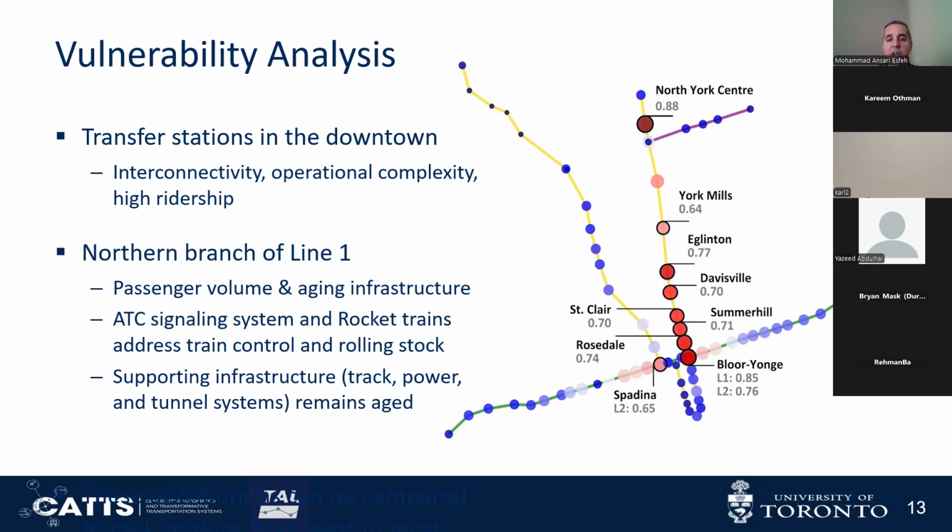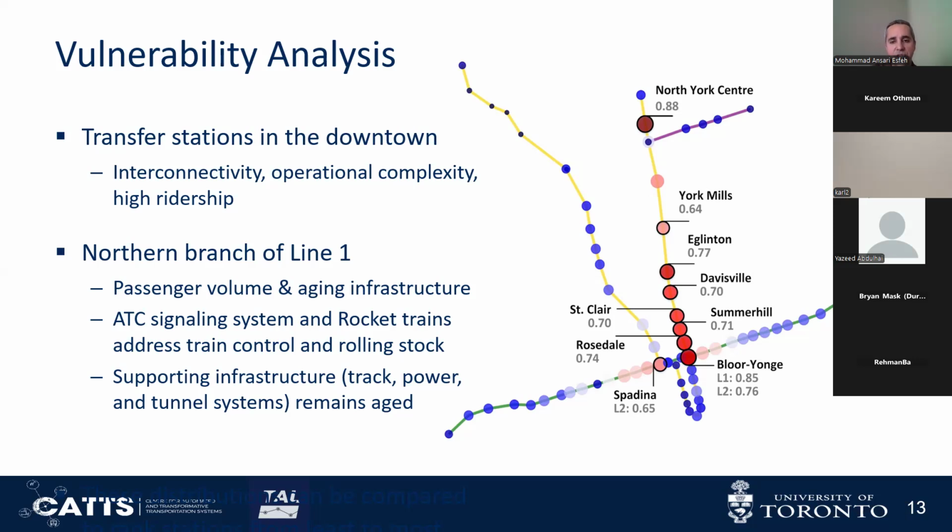They also have very high operational complexity because of very high-frequency services and frequent train movements. They also experience high ridership, which pushes the vulnerability scores of these stations to the top because of their exposure to passenger-related incidents.